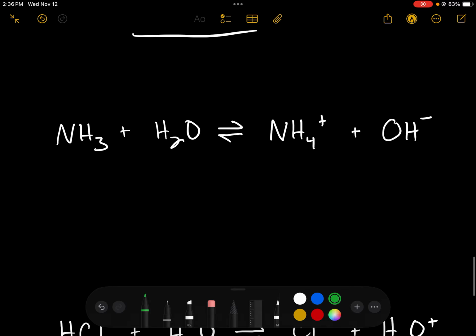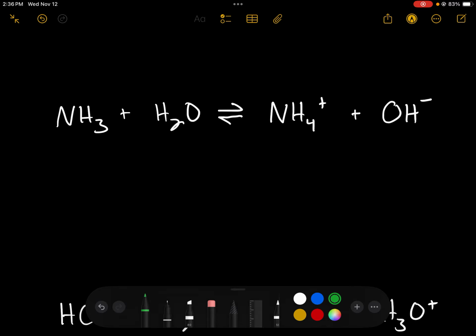All right, so looking at this reaction, we're gonna do a few things here. We're gonna identify our acid, our base, our conjugate acid, and our conjugate base, and then we're going to predict the direction that this reaction could go. To do that successfully, over here on the left-hand side, I see NH3 and H2O.